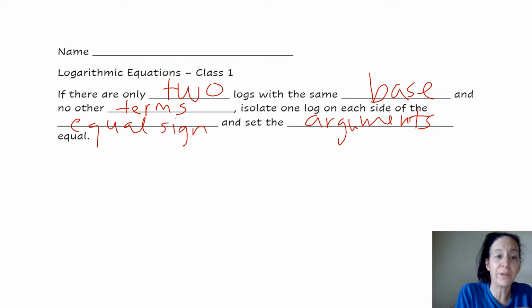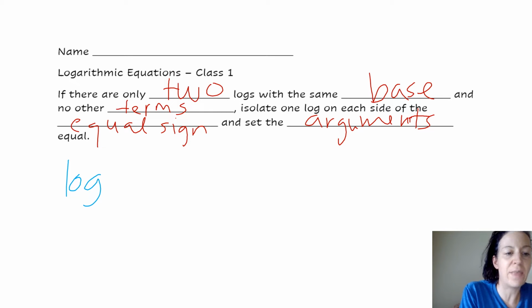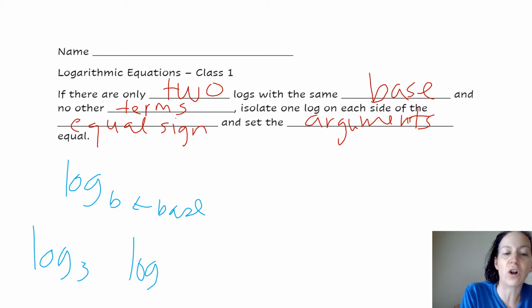There's a lot of vocabulary in here, and for those of you that have been in my class all year, you know that I'm huge on vocabulary, because if you don't understand what the words mean, then you can't interpret the directions. So when we talk about logs with the same base, that means you have log, and then that number right there is the base. So we would have log base 3 and then another log base 3.